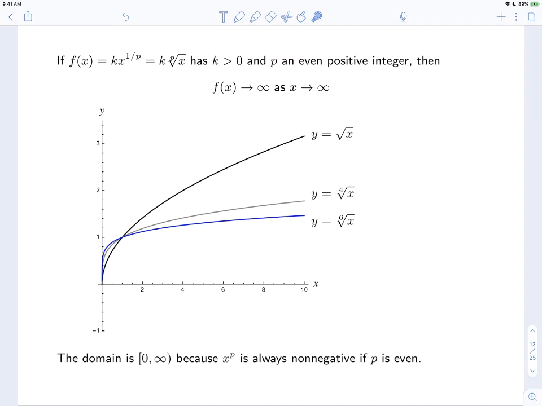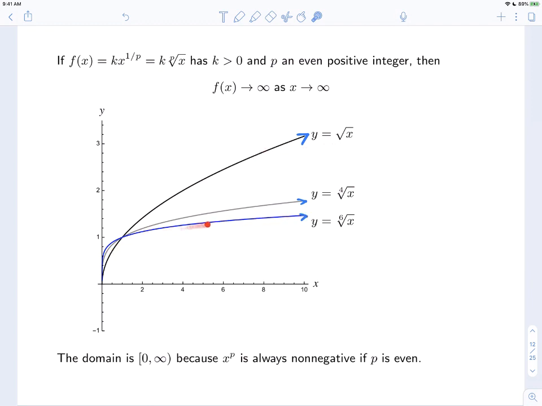Now, in all of these cases, f of x is going to infinity as x goes to infinity. So as you move further to the right, all of these are increasing without bound. They're all eventually going to infinity. However, the sixth root of x is quite flat. That means that it's growing and going to infinity, but it's doing it slowly compared to the other curves here.